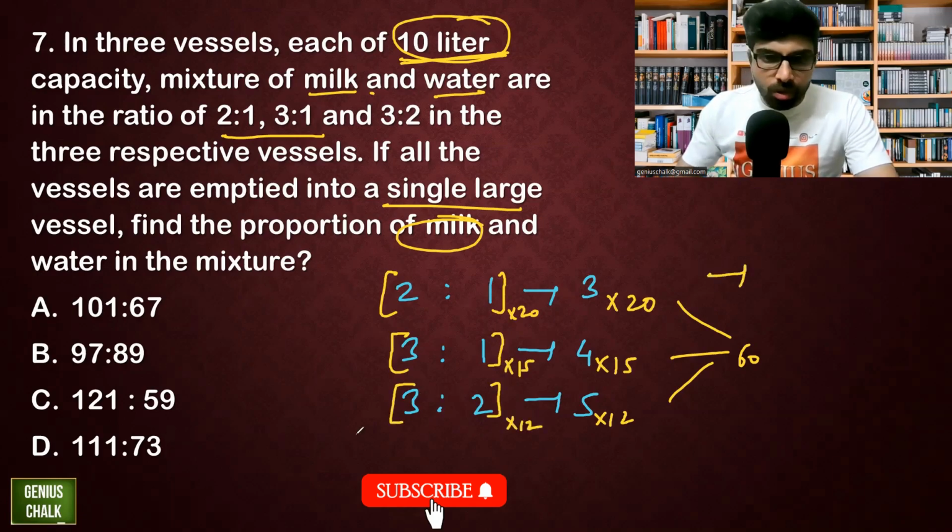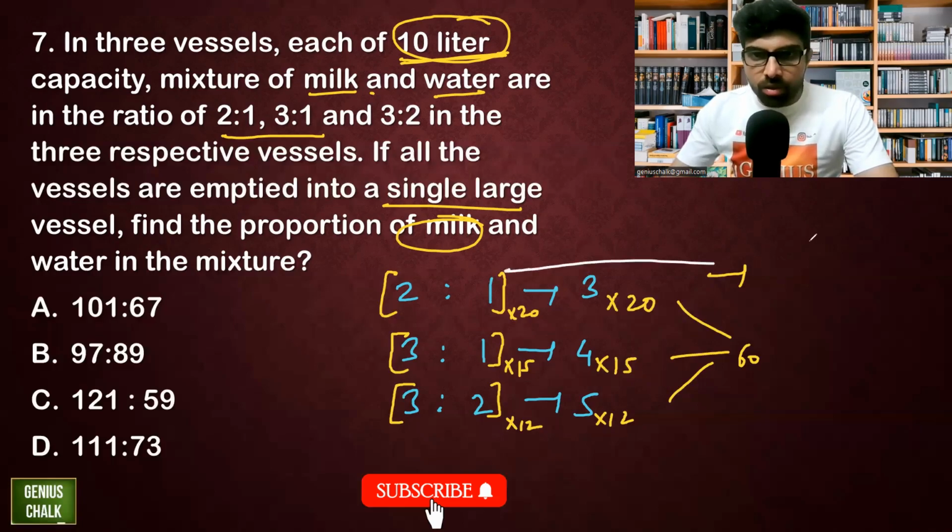Now what is the new ratio? We can write it. The new ratio is, this is 2 into 20, 40.